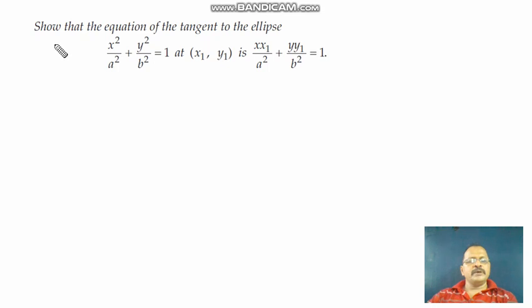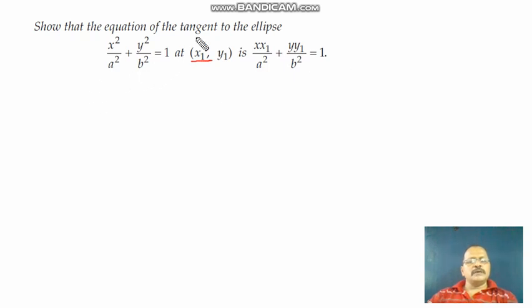Let us solve one theoretical question that you have already studied in 11th standard. You have directly taken the formula. Show that the equation of tangent to the ellipse x square upon a square plus y square upon b square equal to 1 at point P(x1, y1) is x x1 upon a square plus y y1 upon b square is equal to 1.